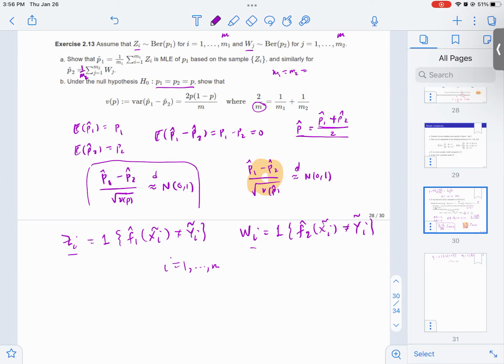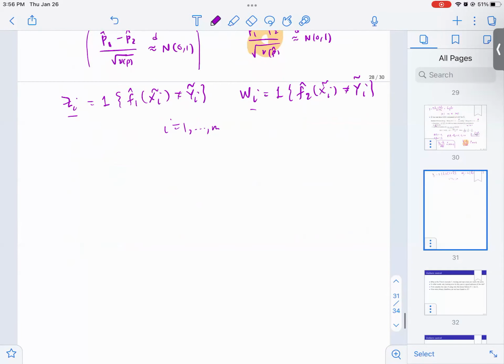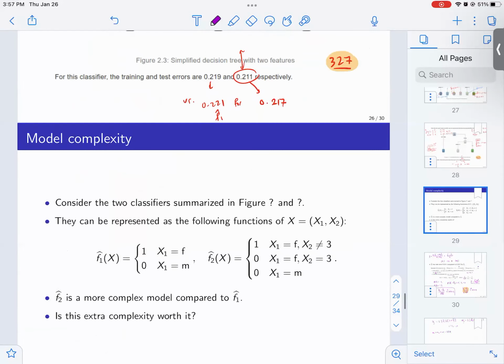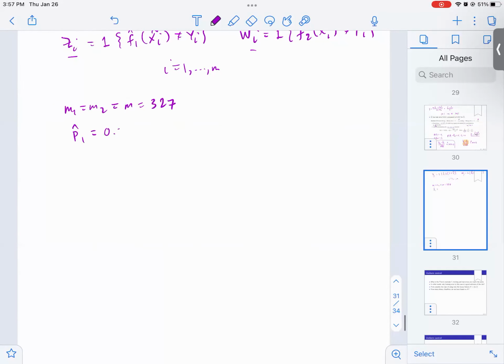Not clear. So let's say the example is M1 is equal to M2 is equal to M, which is 3 to 7. My p hat 1 is the risk of f hat 1, which is 0.217. I have p hat 2, which is 0.211.